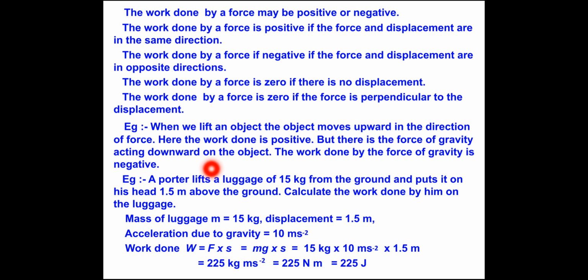So the bag's movement and your force are in the same direction. So at that time, the work done is positive. But when you lift up the bag from the ground, the gravitational force acts on the bag. When gravity applies force on the bag, the work done by the force of gravity is negative.